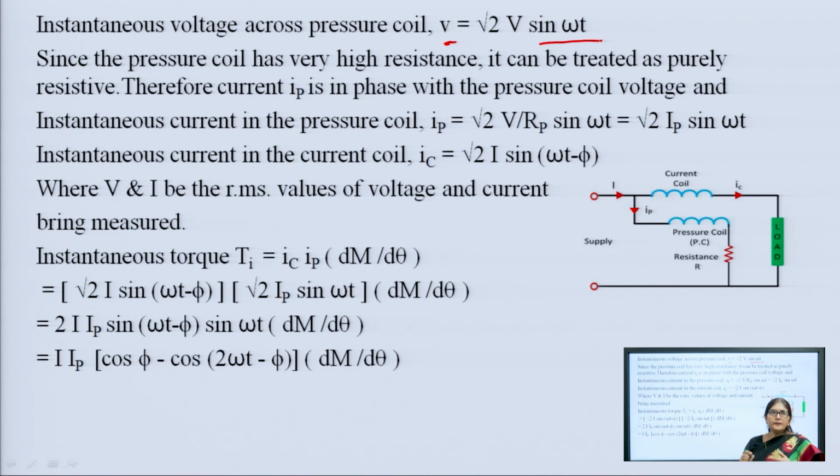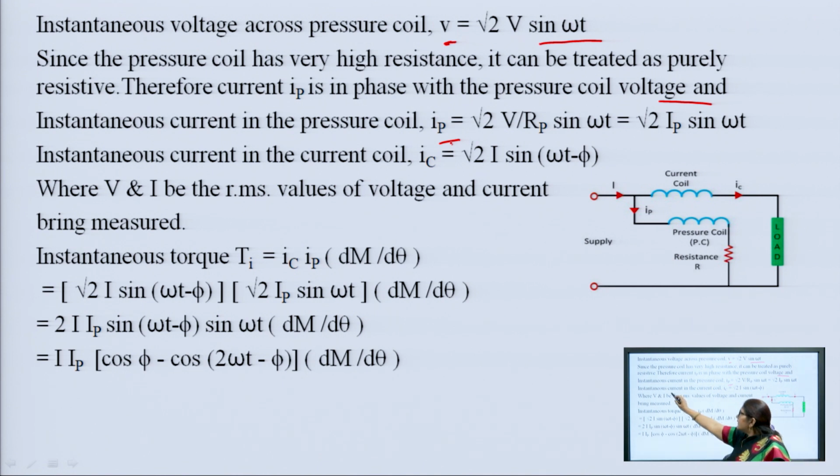Now, since the pressure coil is made very highly resistive, we can treat it as pure resistance. Therefore, the current IP through the pressure coil is in phase with the pressure coil voltage, and the instantaneous current in the pressure coil is IP equal to root 2 V by RP sin omega t.